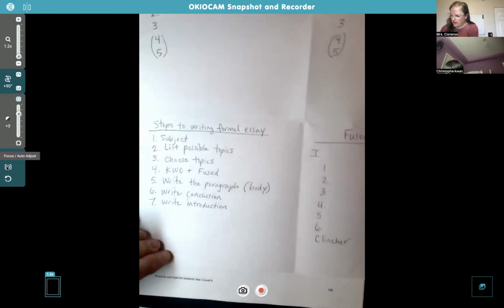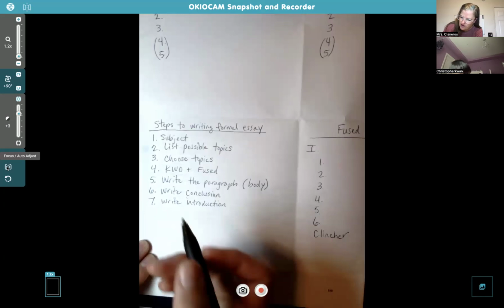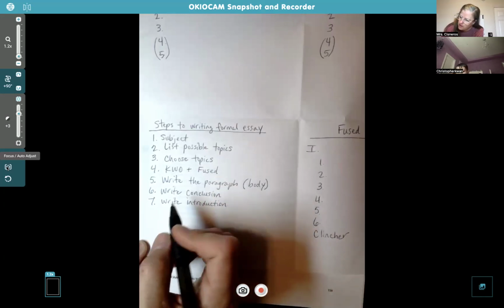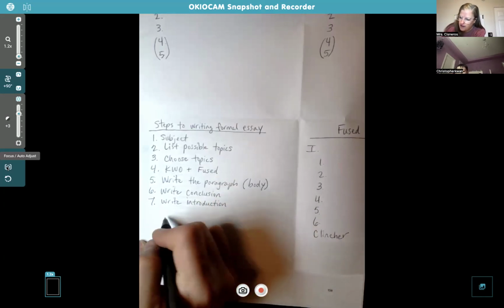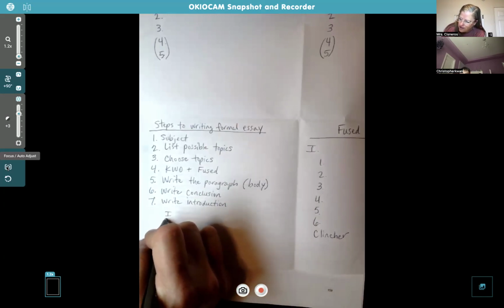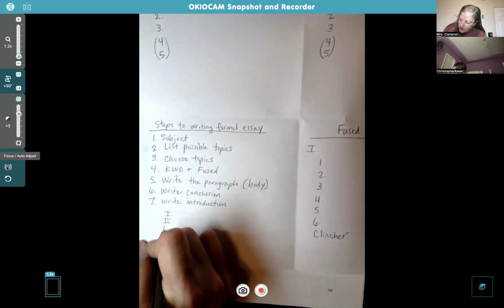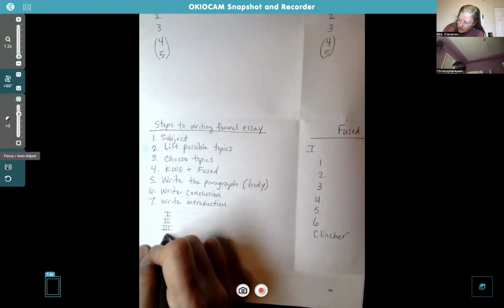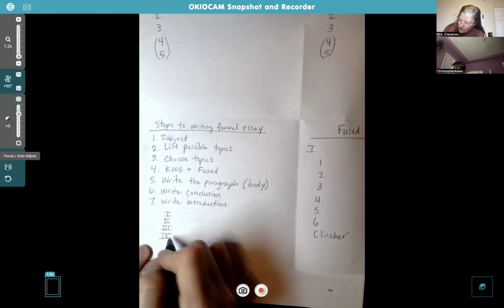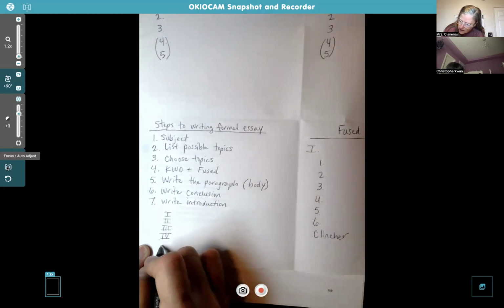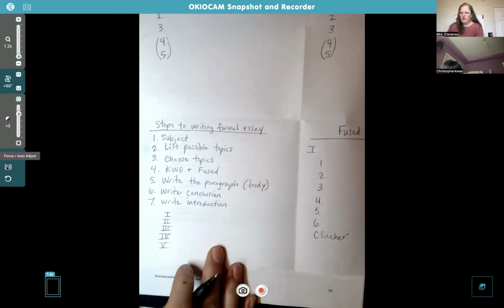So underneath that, if you have some space, my space is kind of small, but I'm going to put here a little sample outline. I'm just going to put Roman numeral 1. We're going to scrunch them together. Roman numeral 3, Roman numeral 4. If you don't have room here, you can find an empty space. Roman numeral 5.